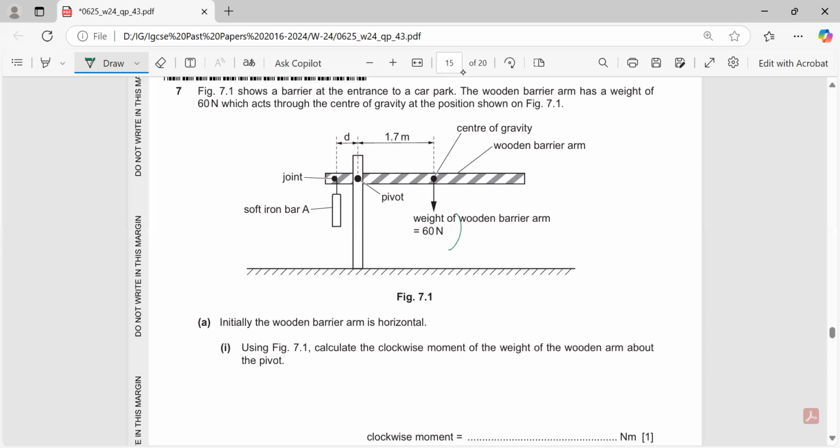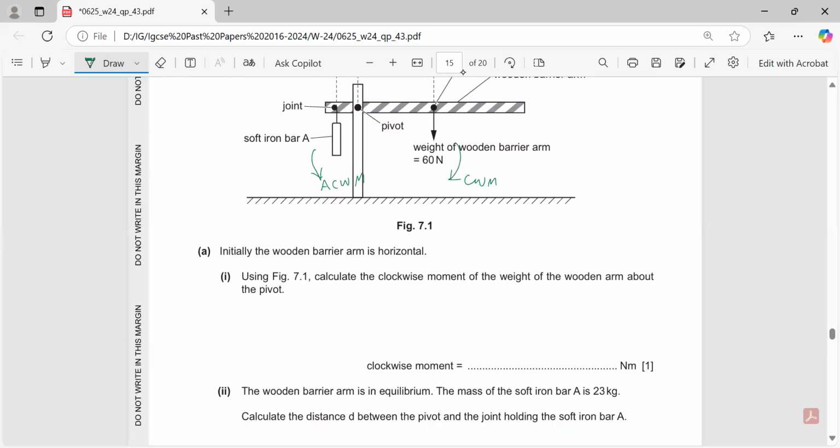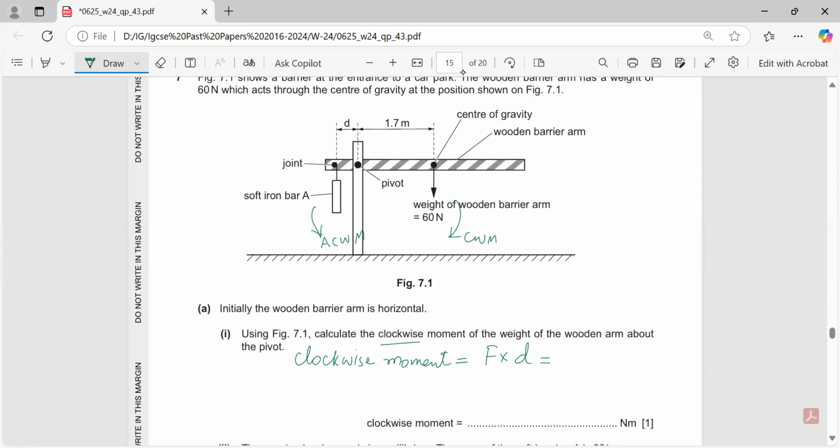My dear friends, this is the clockwise moment which is causing a right turn, and this one is what? Basically the anti-clockwise moment. They said calculate the clockwise moment. So, my dear friends, for the clockwise moment, better to write the formula: force times perpendicular distance from the force to the pivot. Now see, force is 60 newtons and distance from the pivot to the line of force is 1.7.